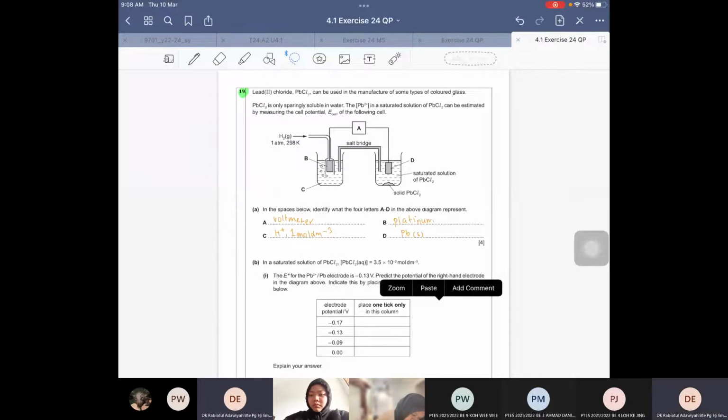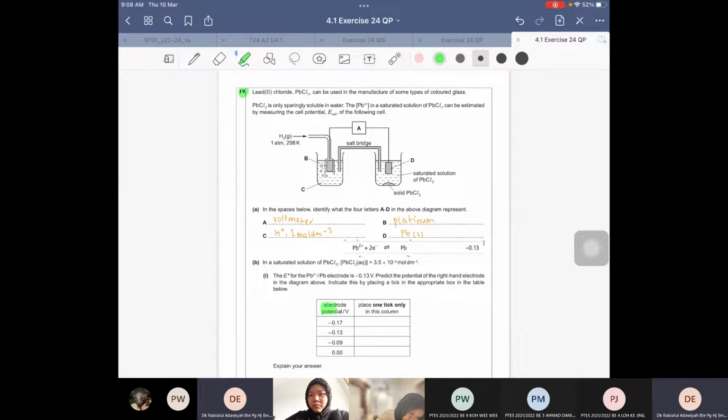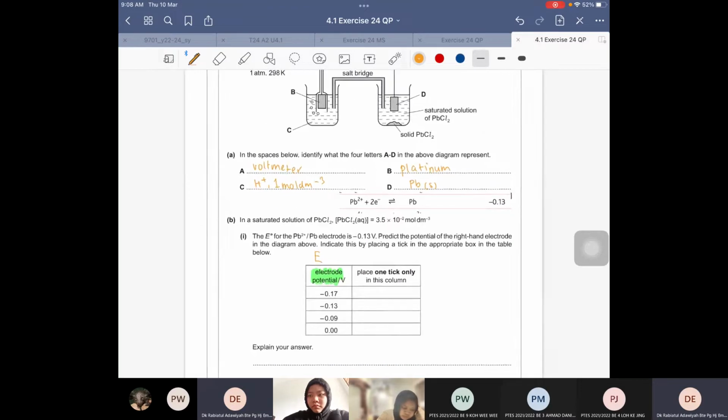And then I want to know the effect of the electrode potential. Okay, so if the question mentions electrode potential, then we are only looking at E, okay, not E cell. If it says cell potential, then that's where E cell comes in, okay?